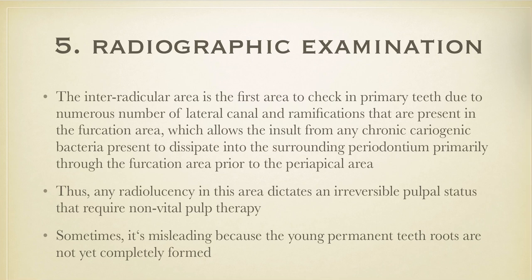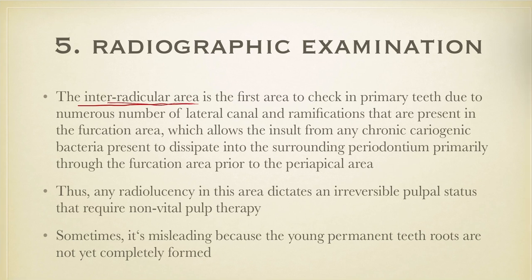The X-ray is really important because in a child, primary teeth may have resorbed roots due to the eruption of the permanent teeth. So the interradicular area is the first area to check in primary teeth.